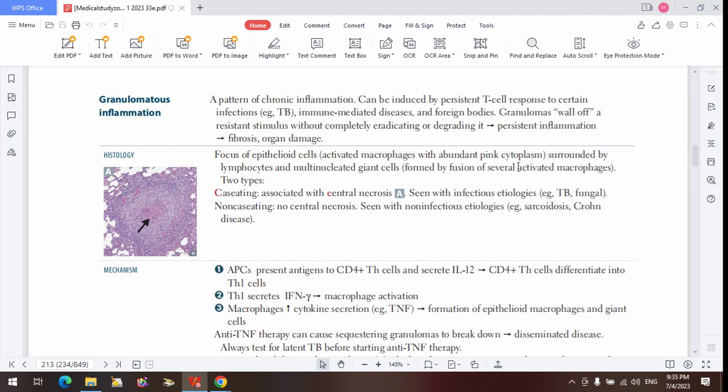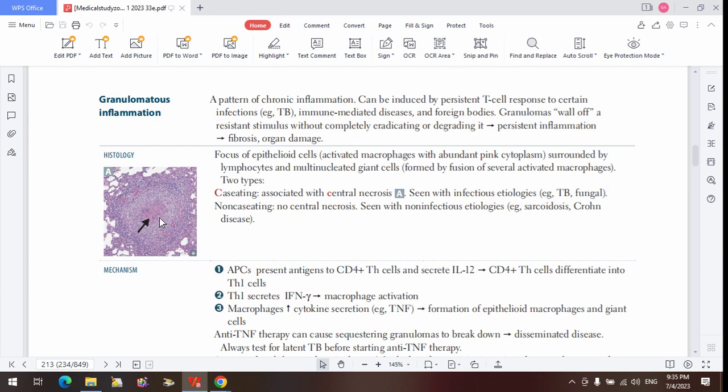Those are fused activated macrophages. Once the macrophages have become activated and formed epithelioid cells, they surround the antigen. Then those activated macrophages start fusing together to form giant cells. Those giant cells and the T cells will be at the outermost portion of the granuloma. So from inward to outward, in the central portion, you have the antigen. But it is not in all situations that you have an antigen or you know the antigen.